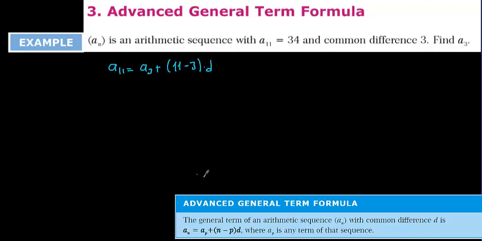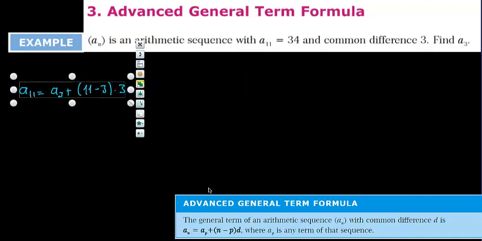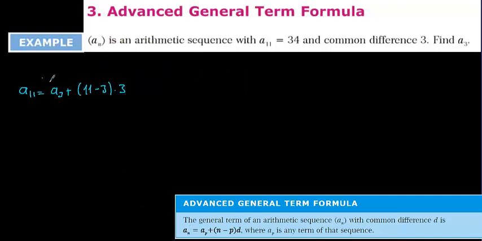The common difference is given as 3, so you only apply the formula here, and it is very short for us to find the value. Let me write the formula I'm using.